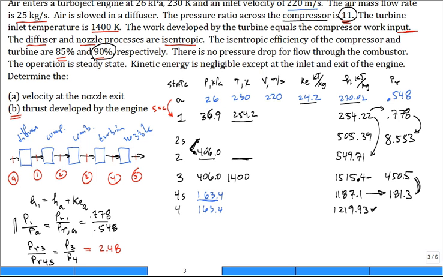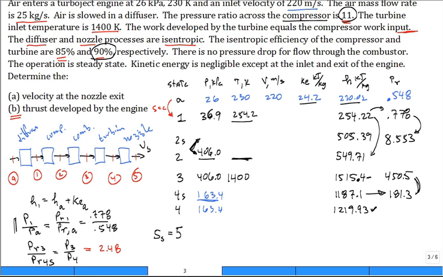Now we're ready to go from 4 to 5, and 5 is 5S, there's no difference because it is isentropic through there. So how am I going to go from 4 to 5 through the nozzle? We want this to come out at very high speed, V5.